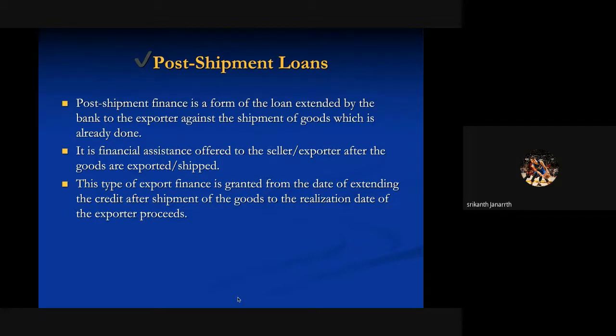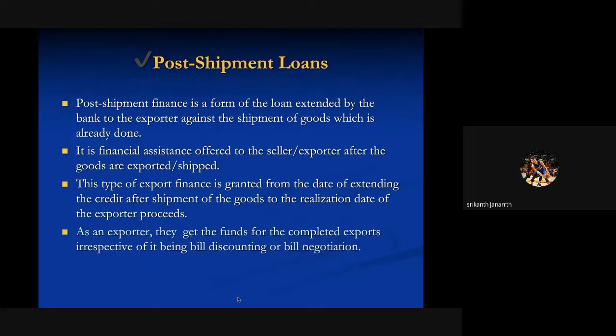Here, once the exporter has done the shipment, he will only get the money later because he already granted a credit period of 90 days to the importer. He has to wait until the 90 days. So he shipped the goods, he has a valid set of documents, he goes to the bank, asking the bank to either discount or negotiate and wants the money. When the bank discounts the bill, they will be financing against the documents.